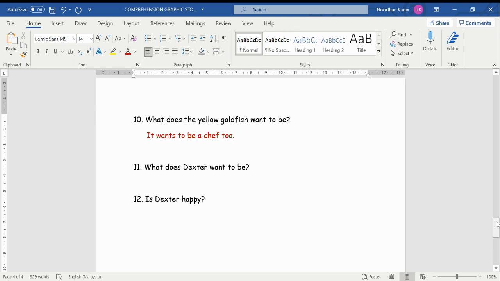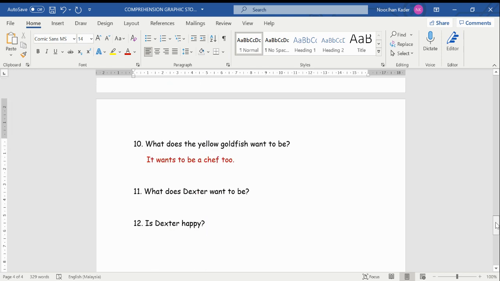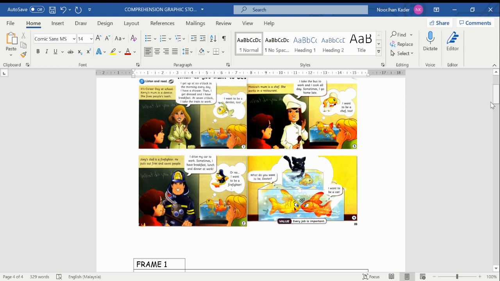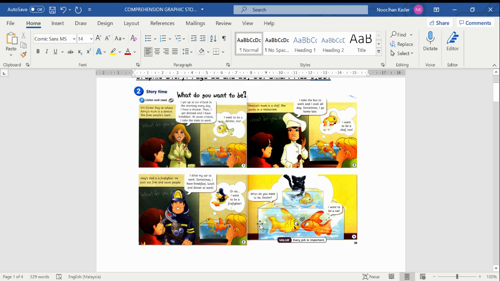Why is it that you replace the yellow goldfish with it? Because this yellow goldfish, if you see here in the picture, has no name. It's only referred to as yellow goldfish.